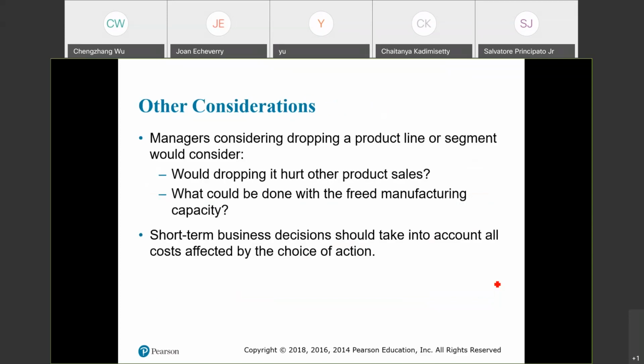But in addition to the nature of fixed cost, we have some other factors that we need to consider. In the examples given so far, we assume that dropping one type would not affect the other type.